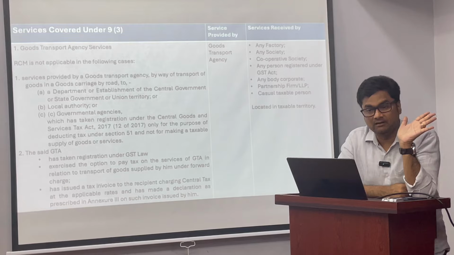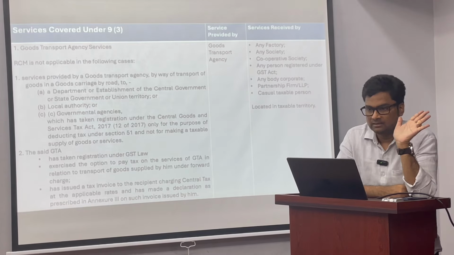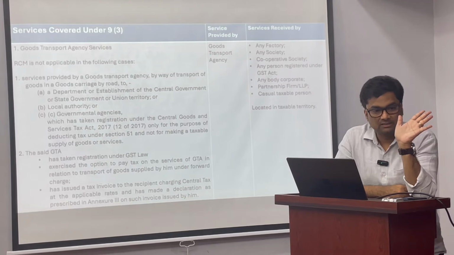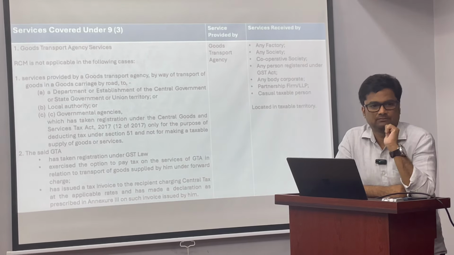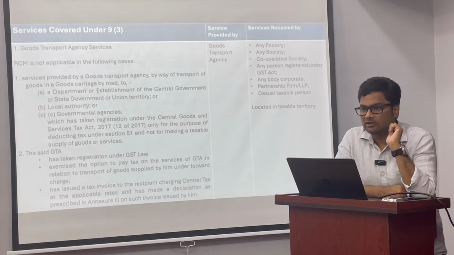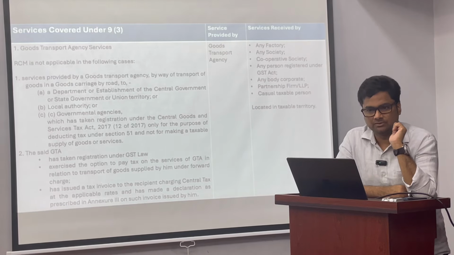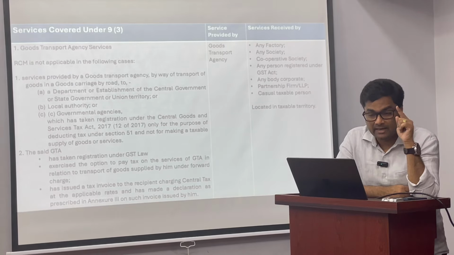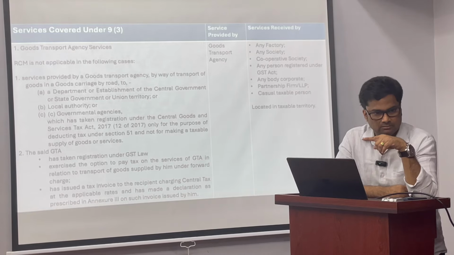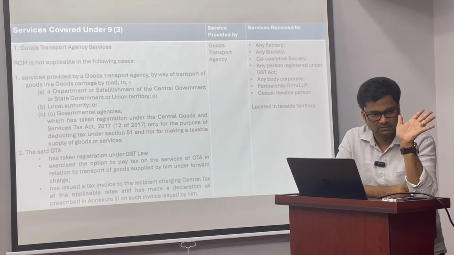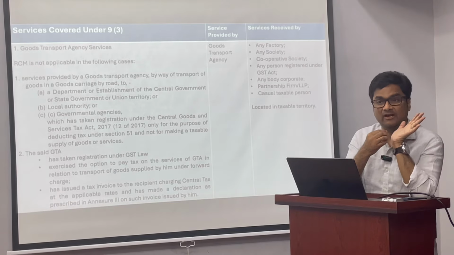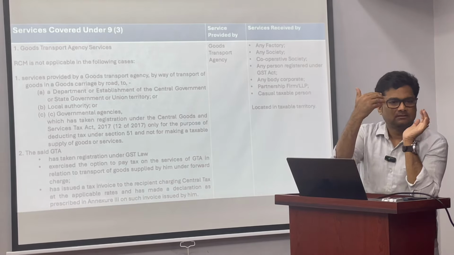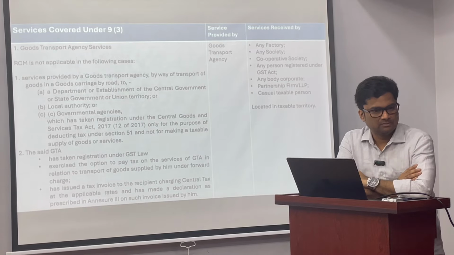And if you read the Sale of Goods Act properly, this is part of the definition of document of title to the goods. That means you can sell your goods. Whoever is holding it can sell the goods by merely endorsing the transfer of document of title to the goods.